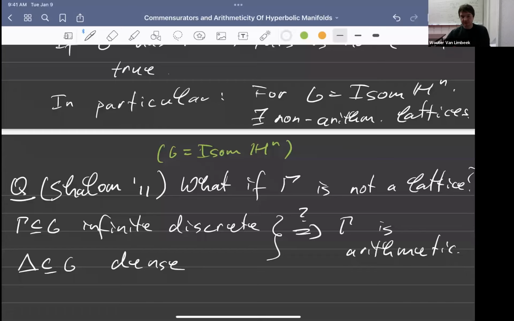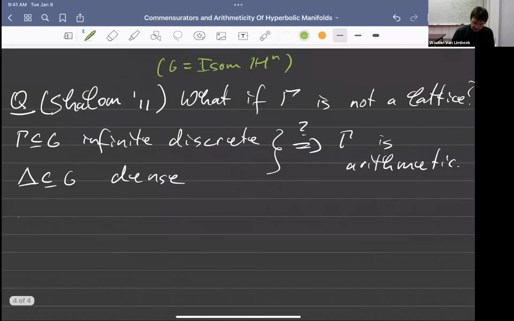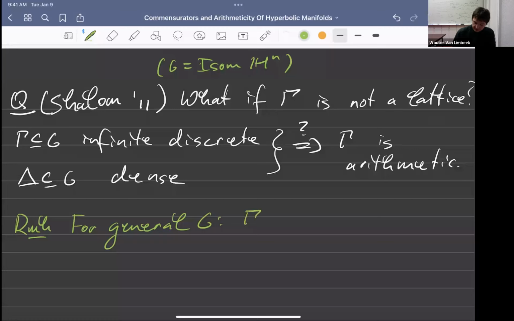That's Shalom's question. And maybe I'll just say that for those people who care about other Lie groups, it's the same question, but instead of gamma just being infinite, you should insist that gamma is Zariski dense.